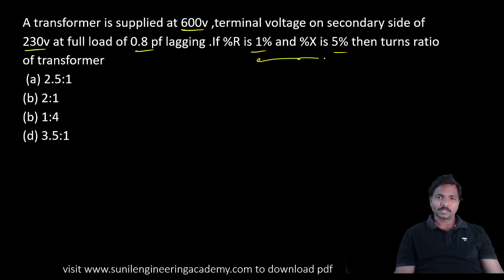So due to this resistance and reactance drops, we are getting the terminal voltage in the drop. Voltage drop takes place. Okay. So if you are not considering this voltage drop, then what about the turns ratio? N1 by N2 is nothing but V1 by V2. So go with approximate, that is 600 by 230.